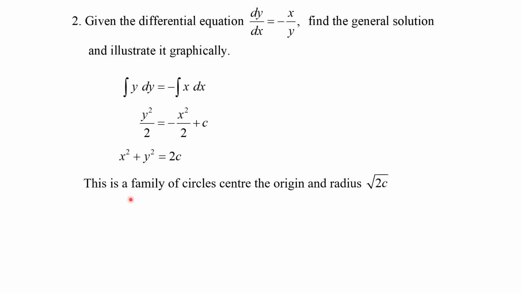Obviously, this is a circle equation where the center is (0, 0), which is the origin, and the radius squared r squared equals 2c. Therefore, the radius is root 2c. So when you want to draw it, you can illustrate a few circles with the same center, because the value of the radius depends on the value of c.